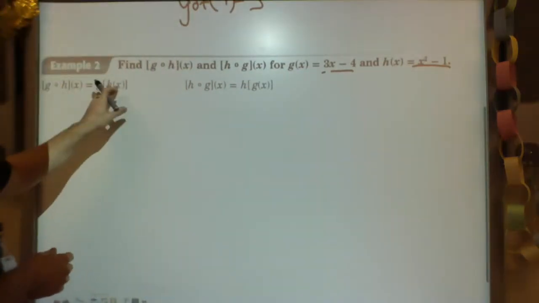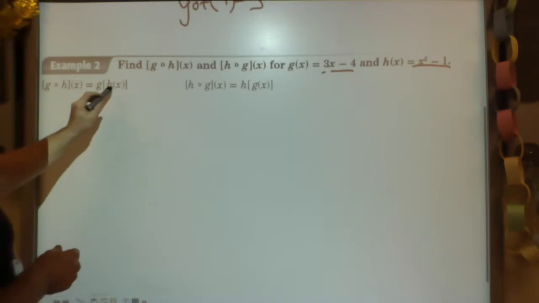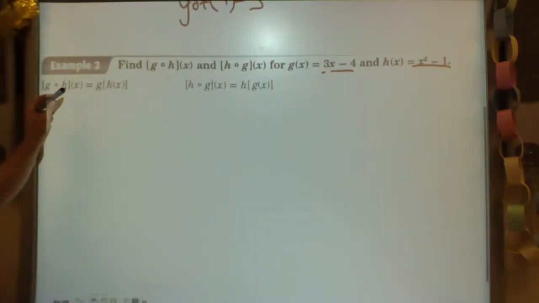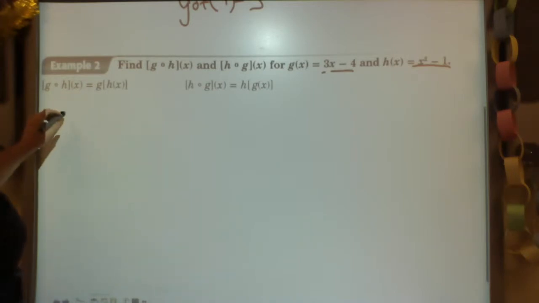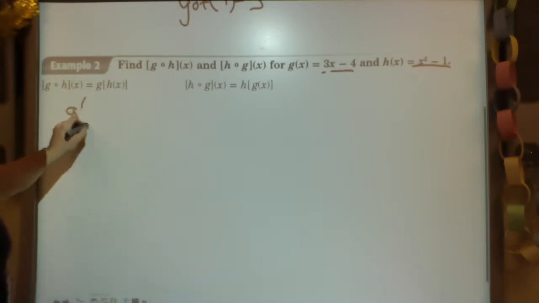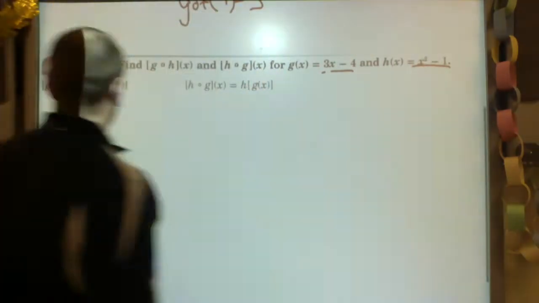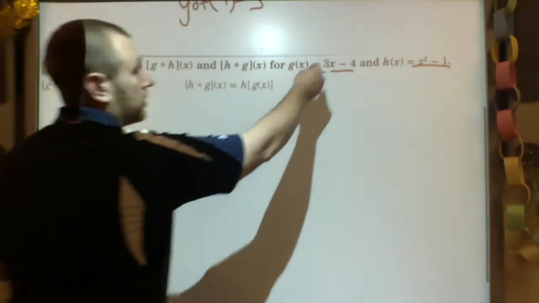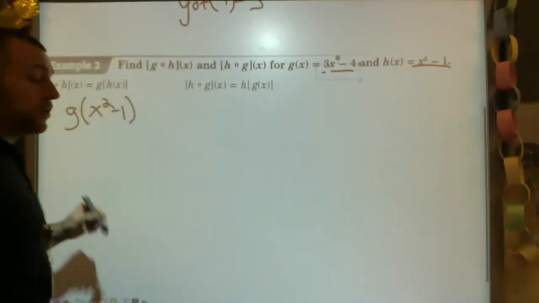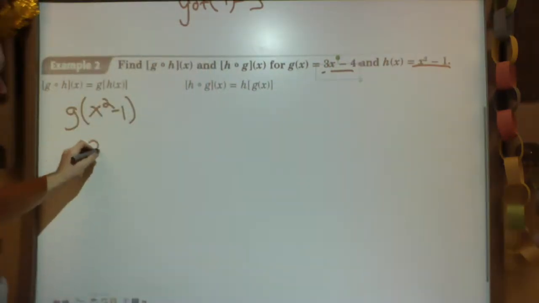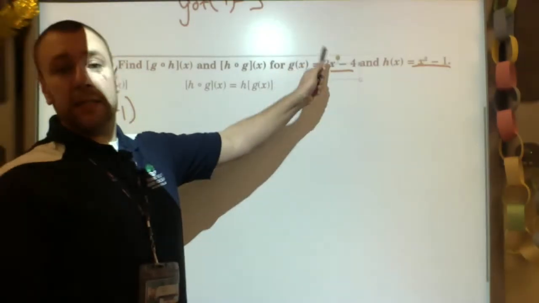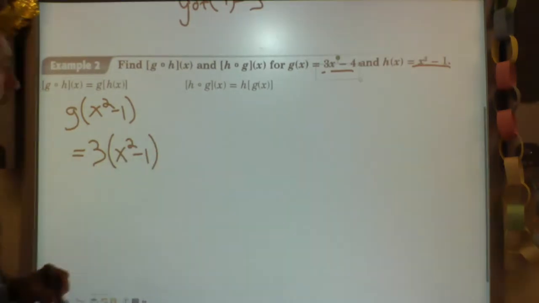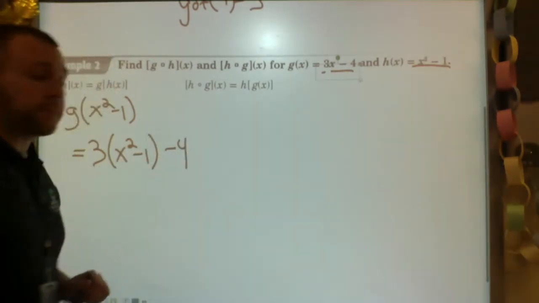So in this case, I'm going to take my h of x and plug it in for every x in my g function. So I'm going to take my g and plug in x squared minus 1. Well, my g function is 3x minus 4. So I start writing that. 3, every time I see x, I'm going to replace it, x squared minus 1, minus 4.